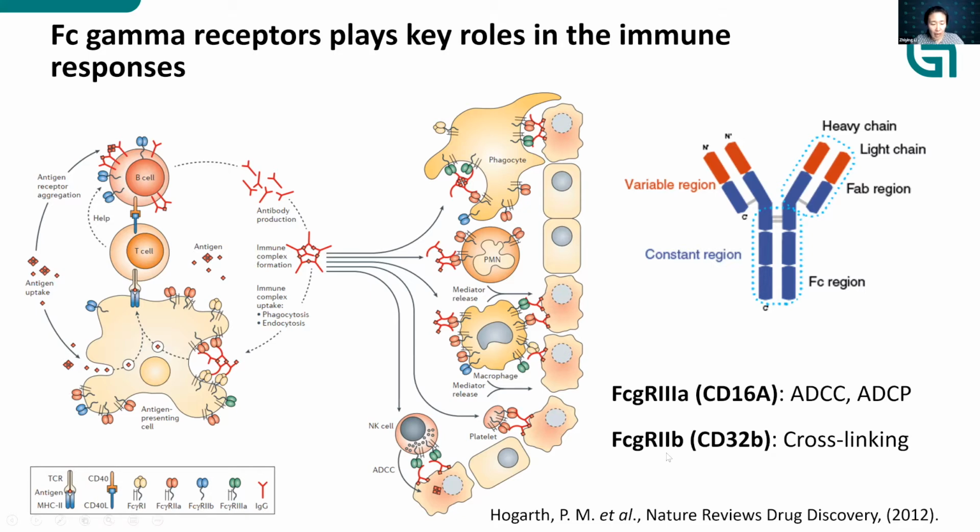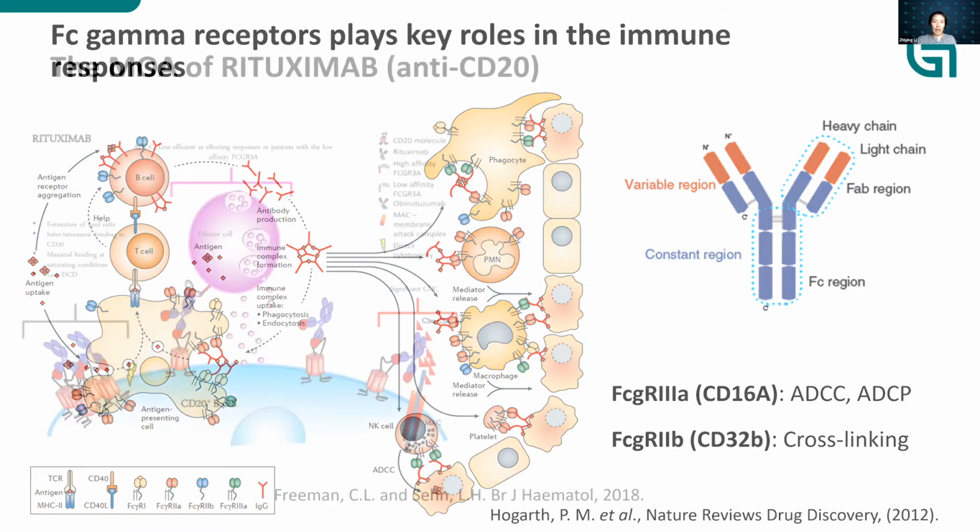And then on the reverse side, Fc gamma receptor 2B, also in the human nomenclature, is also known as CD32B. It can function as a cross-linker, which is basically to form the immune complex, which is not literally to inhibit the B cells from unnecessary overactivation, but it can participate in the activation of the tumor killing cytotoxicity. So we'll talk about this a little bit more later today.